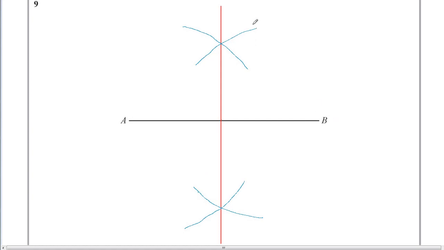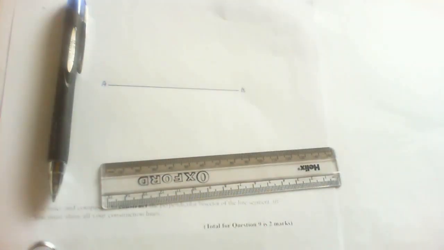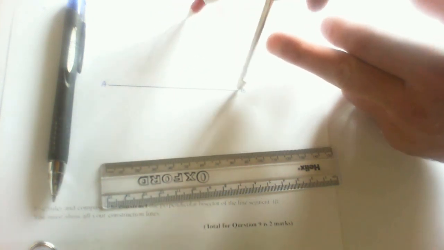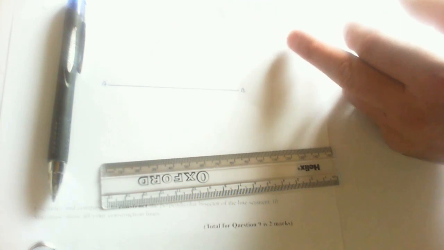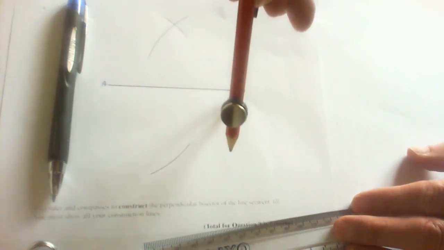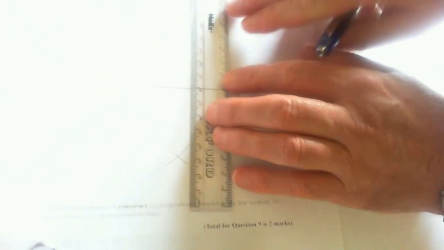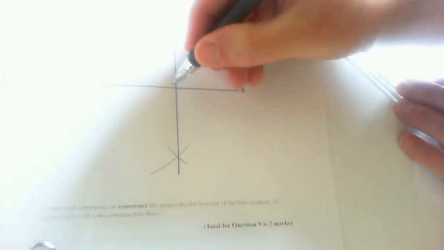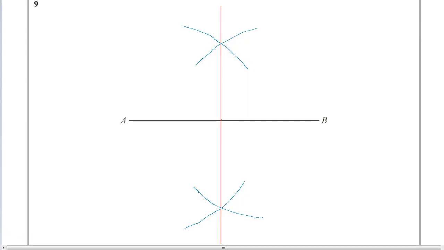Now the distance of these curves here from the A or B don't really matter too much as long as they can cross, but they must be kept the same length. And that's it.